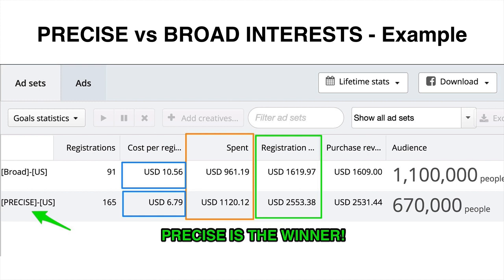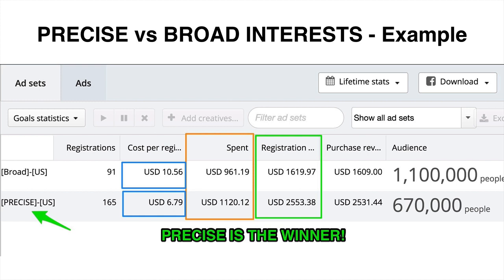Now, why is that? It's because you were able to go in, see exactly where you were making your money and where you were losing money, if you are, and then turn off the ad that's losing you money because you've split it out. This isn't complicated. It just requires you make one extra ad, right? You make an ad for broad and an ad for precise interest. Simple as that. Now, if one of them is a loser, you can see and you can turn it off.